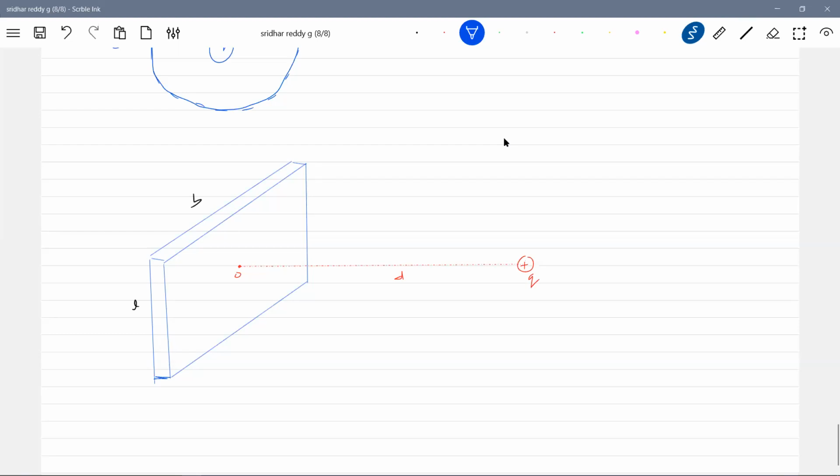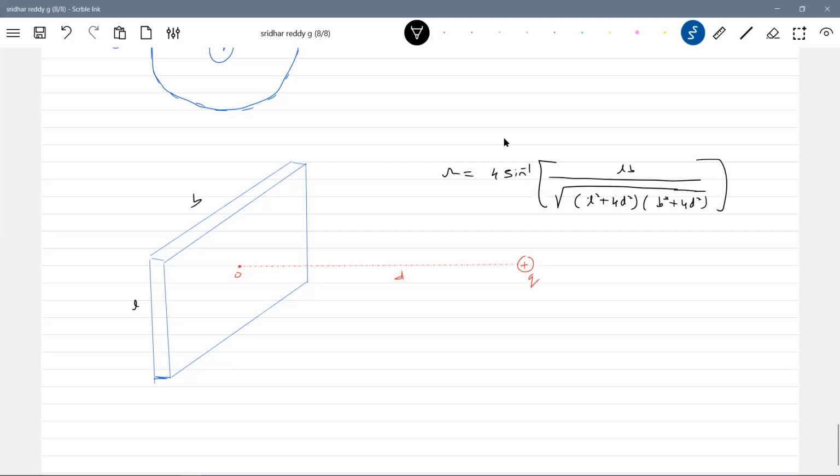What is the solid angle? Again, first, the solid angle is given by 4 sine inverse of LB over root of (L square plus 4D square)... So then what is the flux?